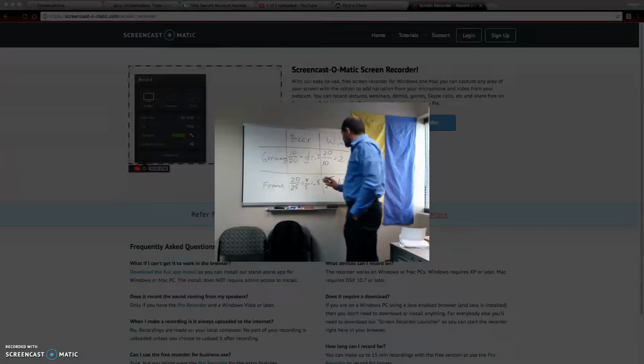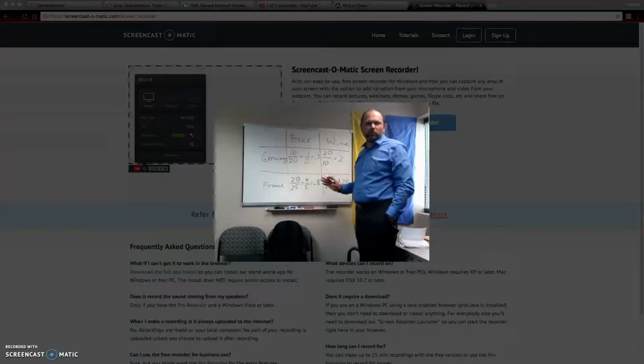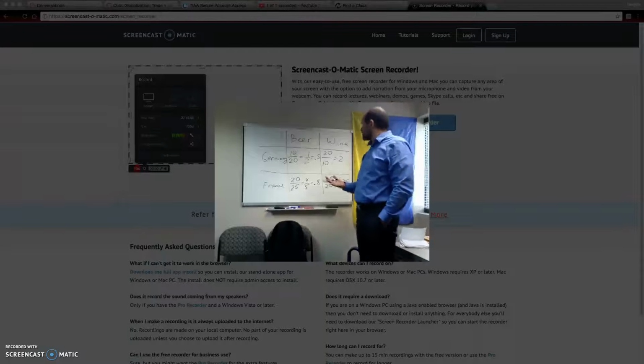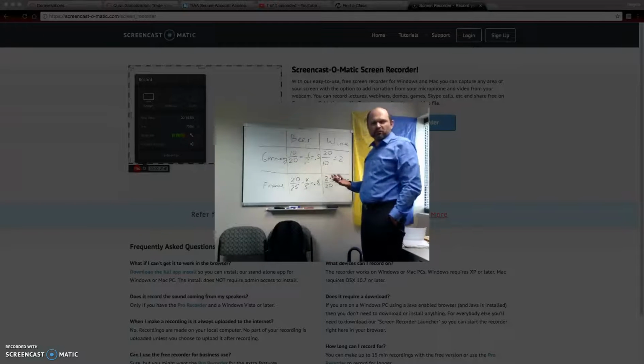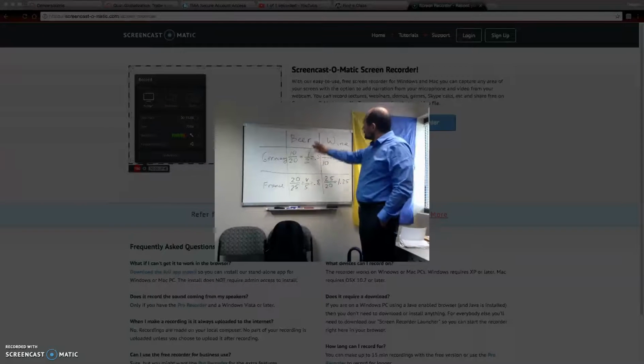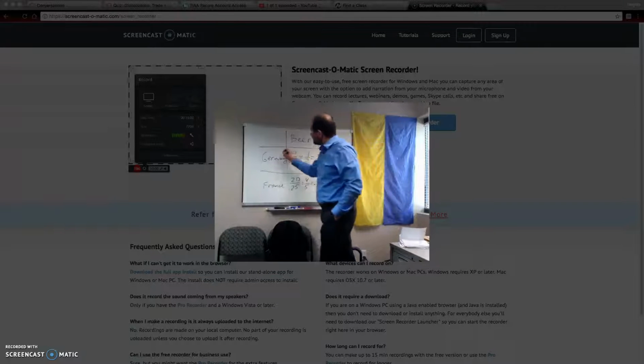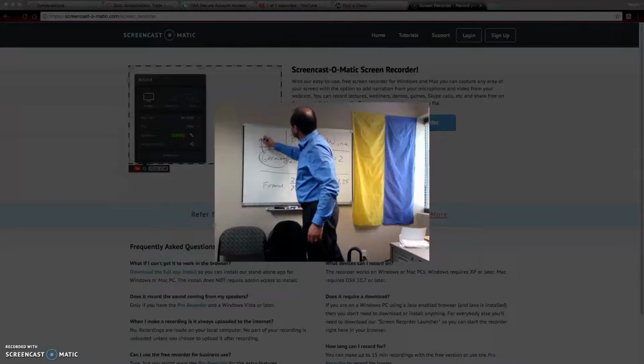Now we have all the numbers to figure out the comparative advantages. Which country has the lowest opportunity cost of beer? So we're looking down this column. Definitely 0.5 is less than 0.8, which means Germany has the comparative advantage in beer.